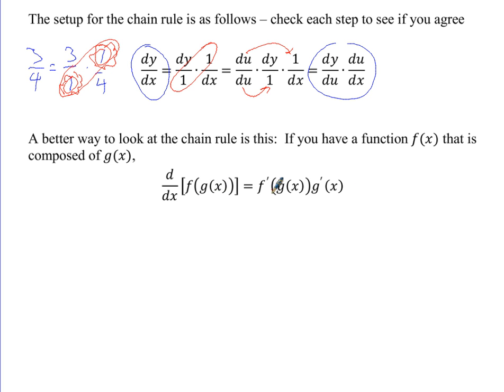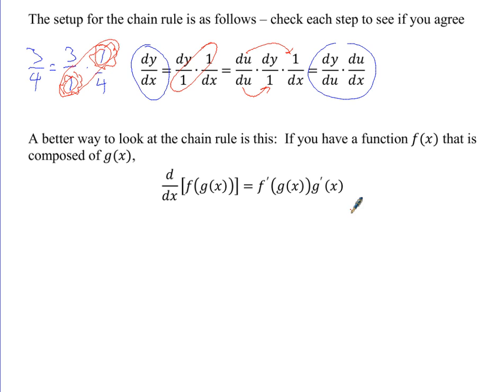What this is saying is I can take the derivative of the outer function and multiply it times the derivative of the inner function. That's really what's going on. Okay? All right. When I take the derivative of the outer function, the inner function will not change. But then I have to multiply on the derivative of the inner function. I think that probably explains it a little bit better.